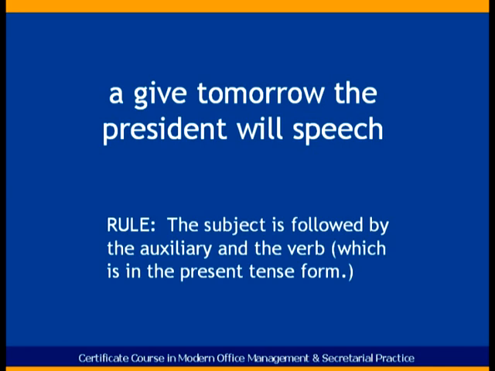Remember the rule. The subject is followed by the auxiliary and the verb, which is in the present tense form.